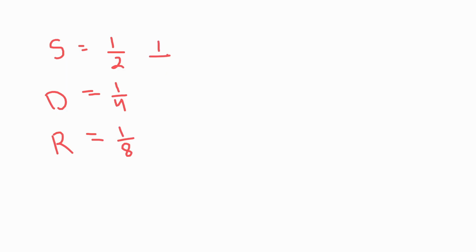So here we go. Let's write out the problem again. S equals 1/2, D equals 1/4, Rajiv is equal to 1/8. Back here, 1/16, 1/32, 1/64, and so on. I'm going to call these rounds. Basically, when they take a turn, I'm going to refer to these as rounds.